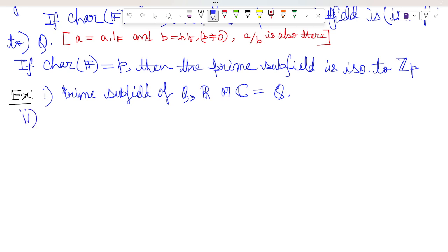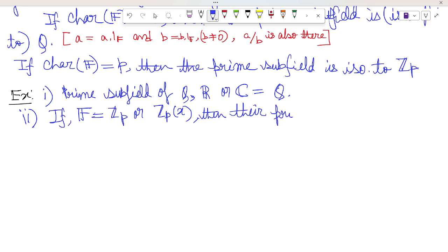And characteristic p: if F equals Z_p or Z_p(x), what is Z_p(x)? It is the fraction field of all polynomials over Z_p. Then the prime subfield is Z_p.